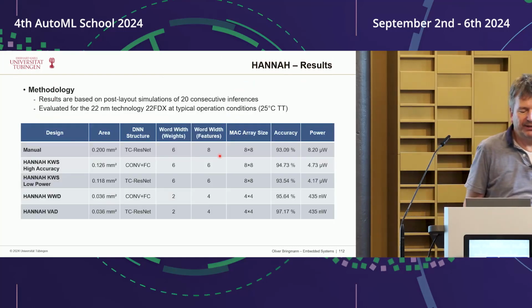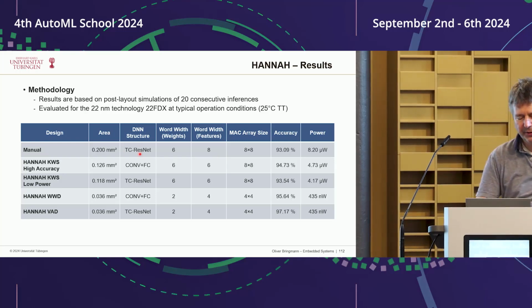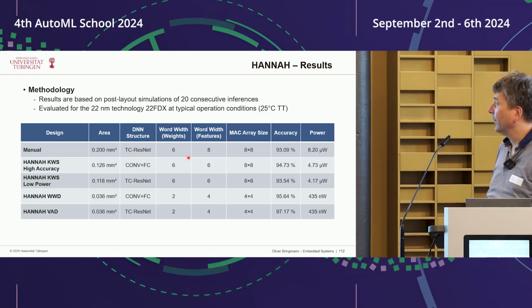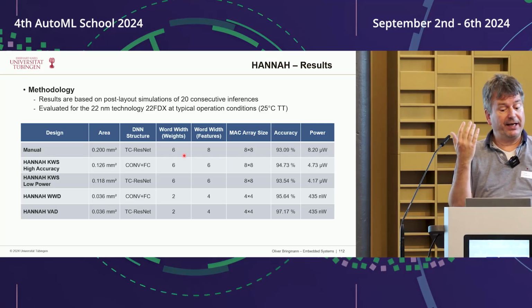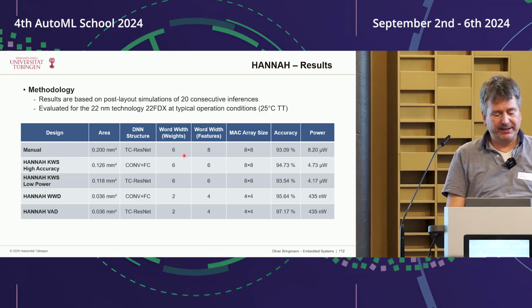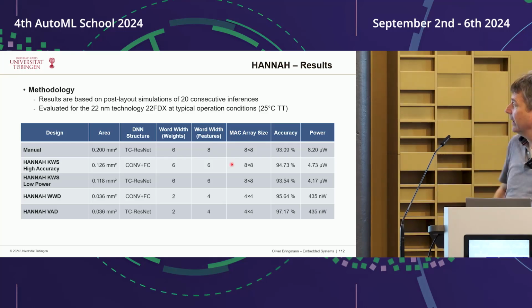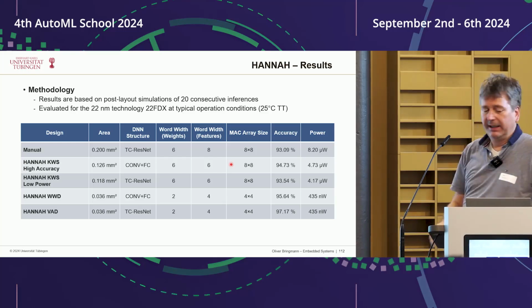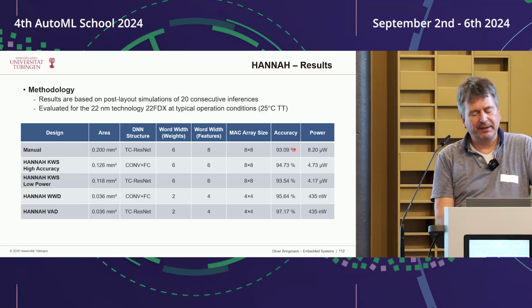We started with a manual design, and a TC ResNet architecture was chosen with a word width of 6 bits. That was enough. We could quantize the weights to 6 bits, and the features to 8 bits. And the MAC array size was 8 by 8. Then you see you end up with an accuracy of 93% and a power consumption of 8.2 microwatts.